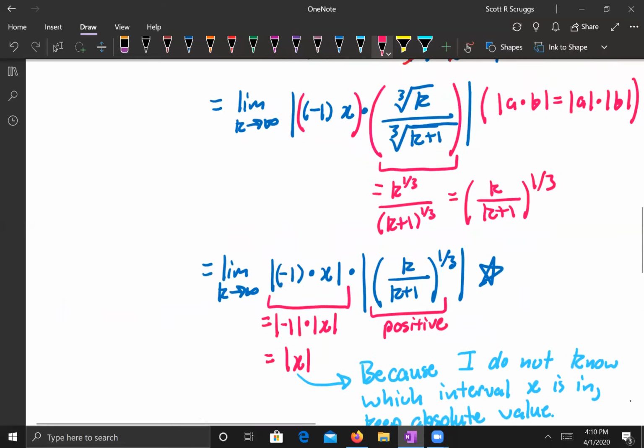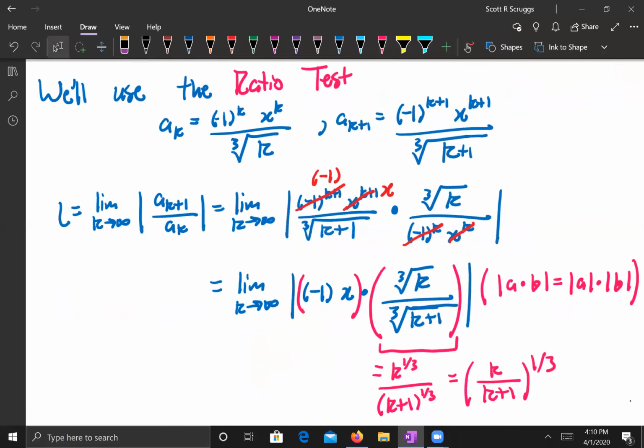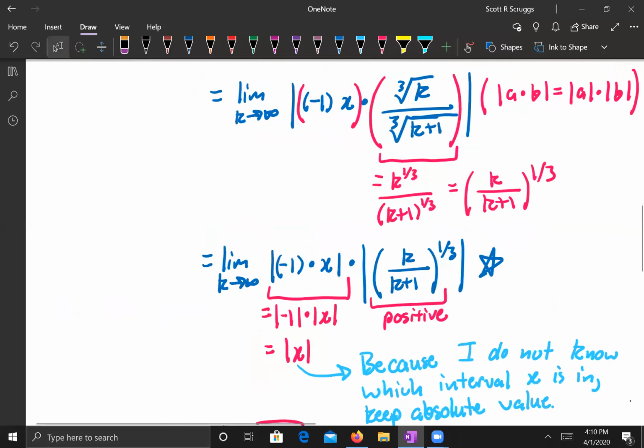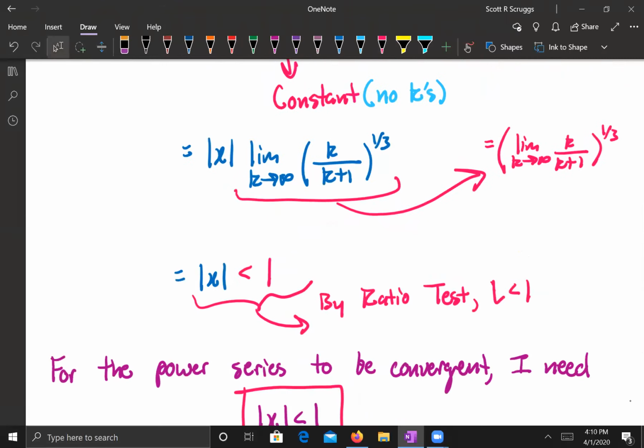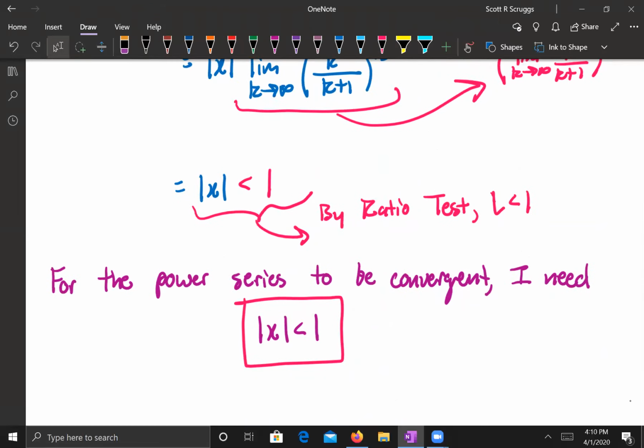I did my setup for the ratio test, took the limit of my two ratios, and simplified it down to equal the absolute value of x, which means for a series to converge, I need for all of my inputs for x in terms of absolute value to be strictly less than 1.